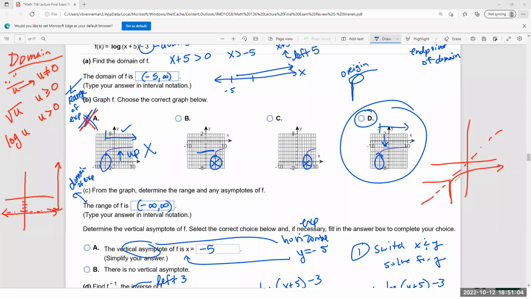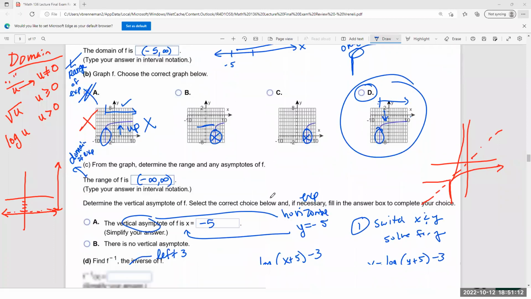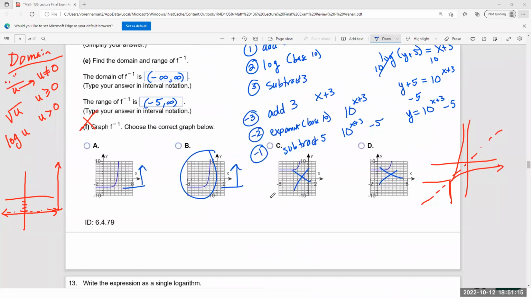We're going to have then the turning point still somewhere down to the left. So that makes this one the correct graph.